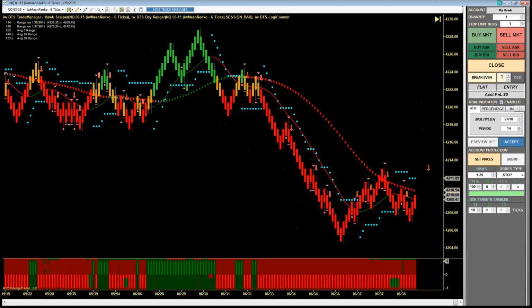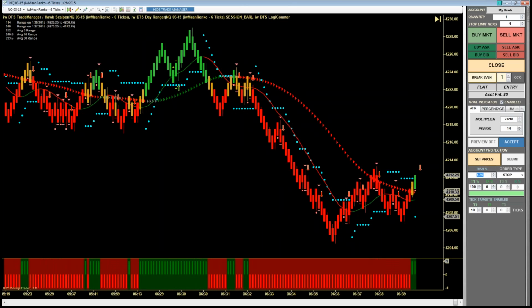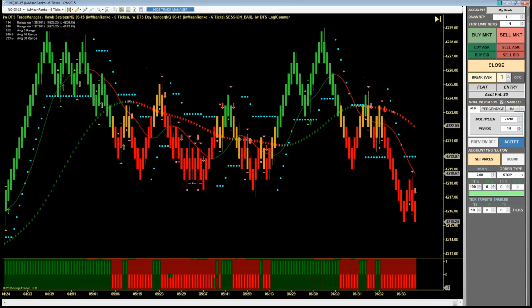Well, this little feature right down here, this risk percent button, prevents you from risking more than you can afford. Currently, I have it set at 2% of my account. And what that means is that no matter how I structure the trade, I'm only going to risk 2% of my trading capital. So let's go back to this signal here that we were looking at.